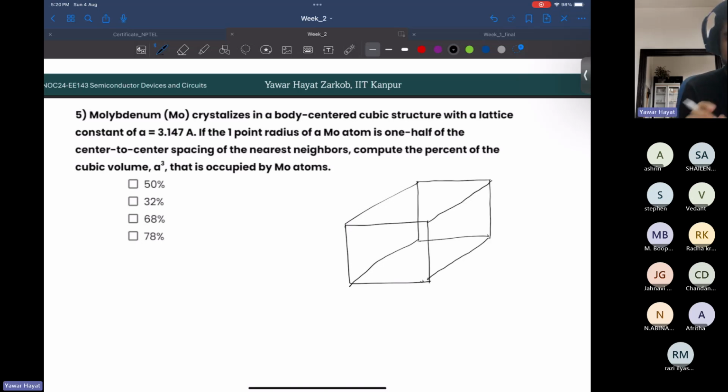This is cube, okay? Take it as a cube. We have two diagonals, right? One diagonal is this one, in this plane. If this is A, what should this be?